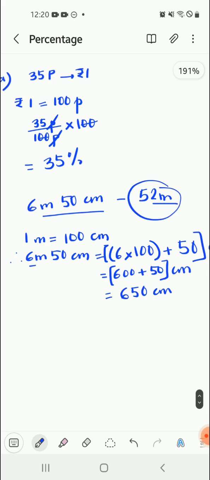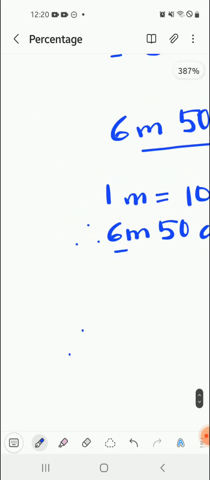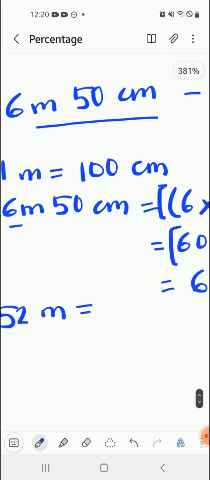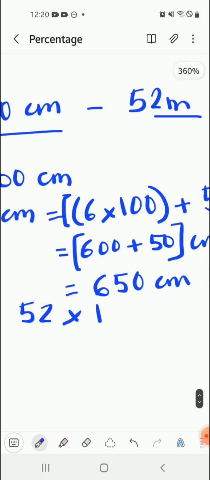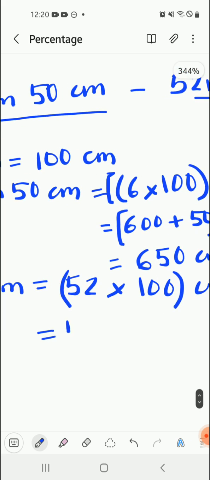Similarly, 52 meter will be written as 52 into 100 centimeter, which is equal to 5200 centimeter.